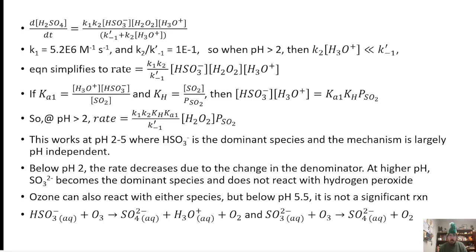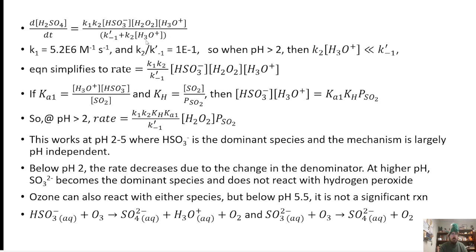Below 2, it gets a little different. This function works pretty well when pHs are between 2 and 5, when the hydrogen sulfite is the dominant species, and it largely becomes pH independent. However, below pH 2, the rate will decrease due to a change in the denominator.